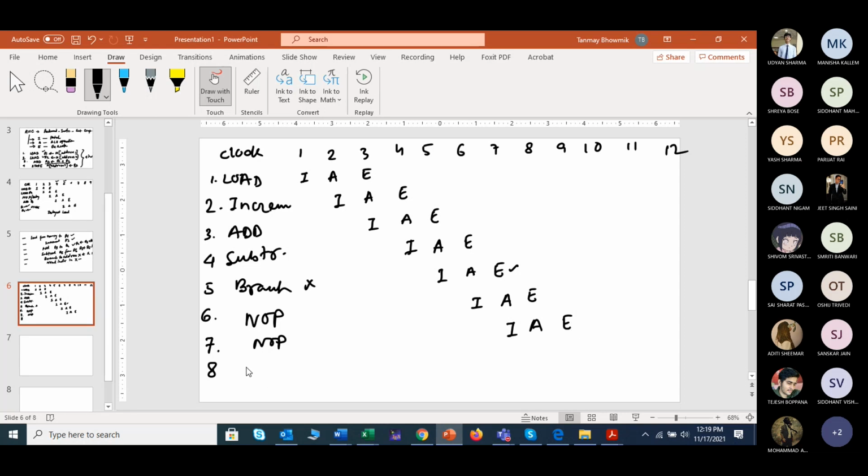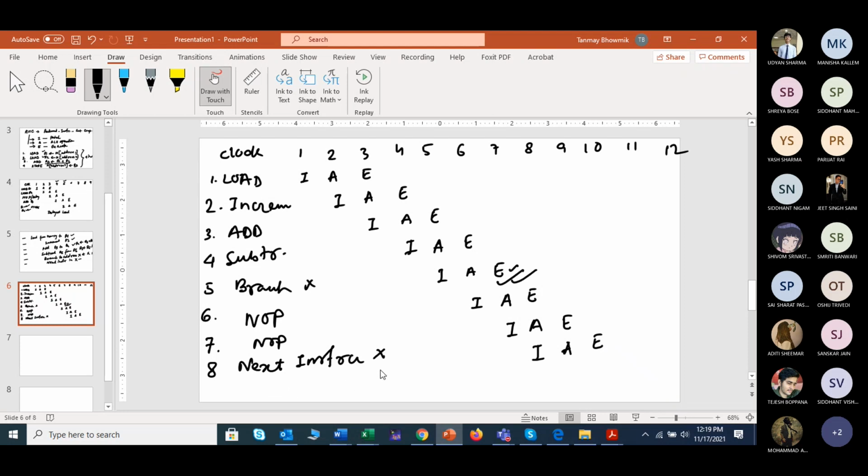If you now observe which clock pulses are being used, you can start from this clock pulse 8th, and your branch was completed on the 7th. So from here you can start the next instruction. That means here you can write I, A followed by E. Okay.